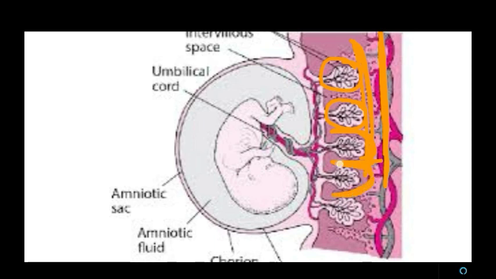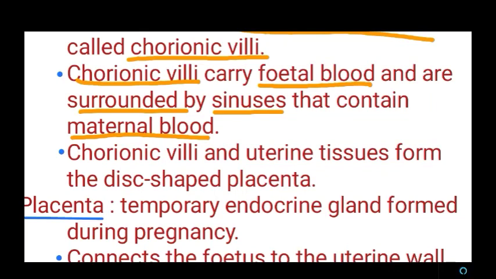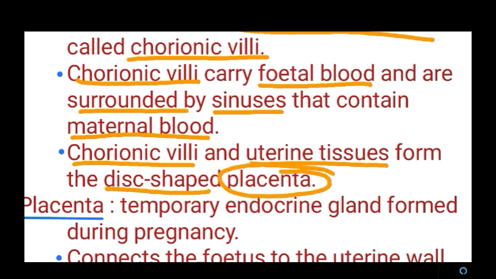This is actually the cavity, the sinuses. These sinuses contain maternal blood, and this is the chorionic villi, which contains fetal blood. As these bloods come in contact with each other, there will be exchange of material. So this chorionic villi and the uterine tissues form a disc-shaped structure that is called the placenta.